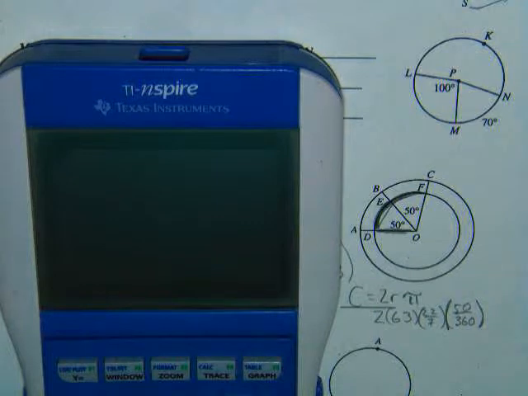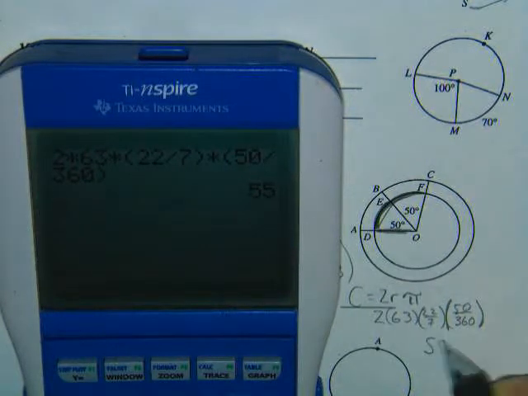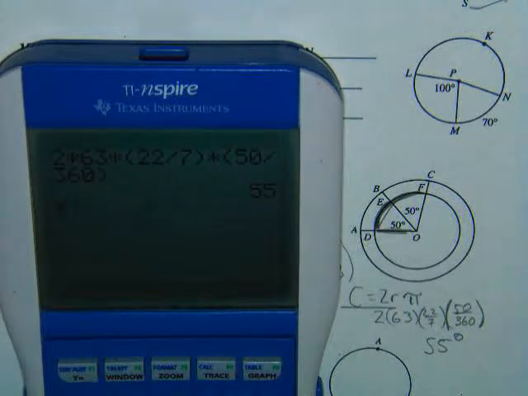So 2 times 63 times, now when you have these fractions, I would throw them both in parentheses, and when I do that I get 55. Yeah?